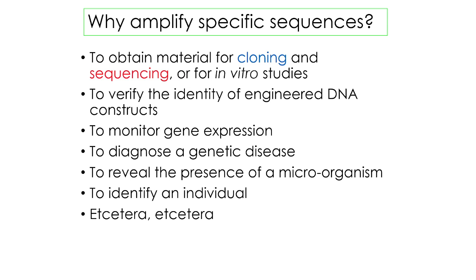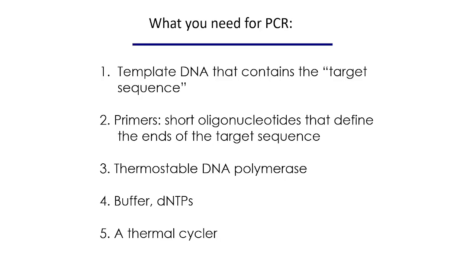Why do we need it? It's usually used for cloning, recombination studies, sequencing, and other in vitro studies. You can identify engineered DNA constructs, monitor gene expression, diagnose a genetic disease, reveal the presence of a microorganism, identify individuals and so on.